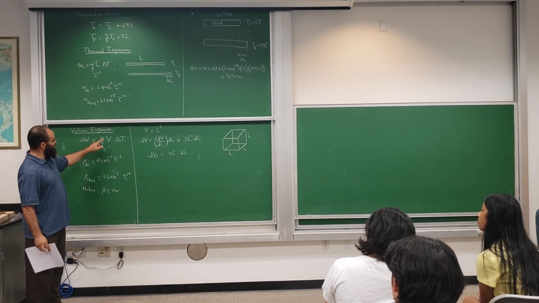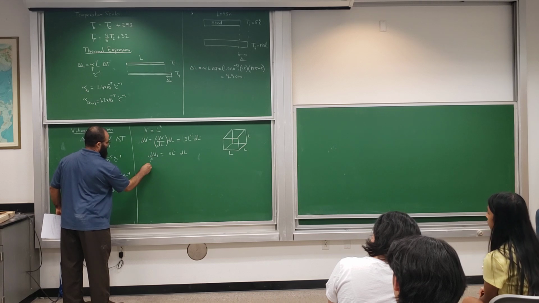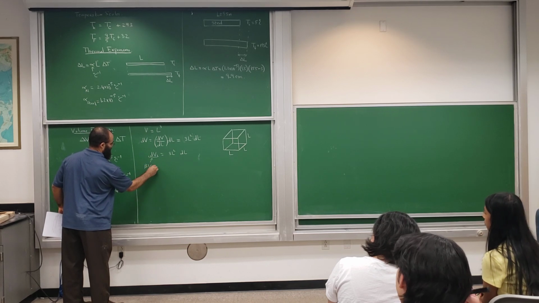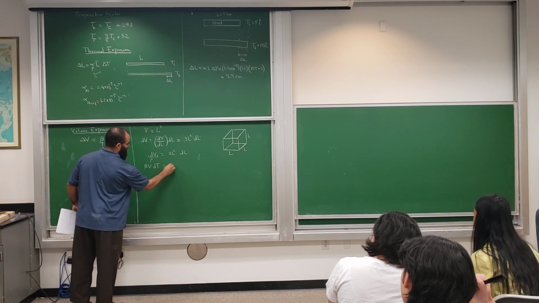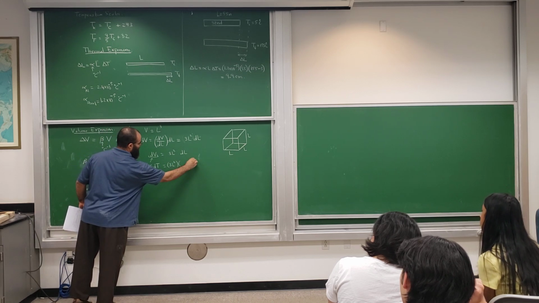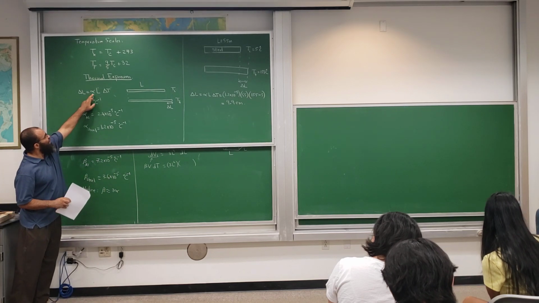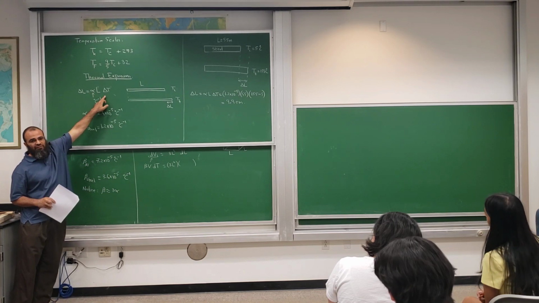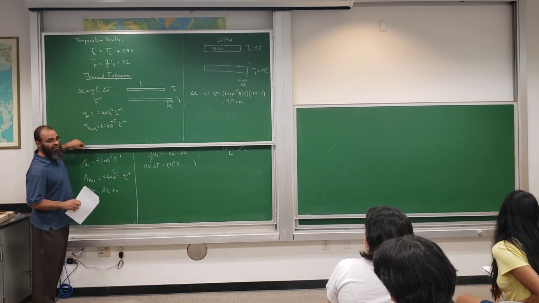So dV is beta V dT. So this one is just beta V. Here I have 3L squared times dL. But dL is alpha L dT.